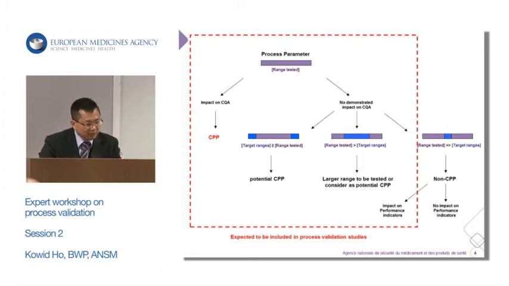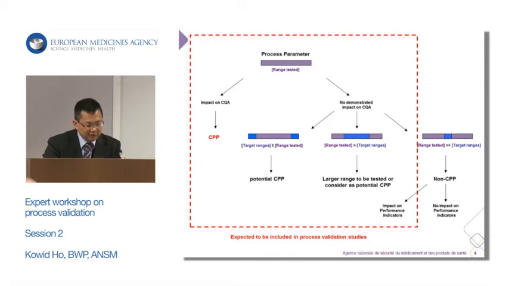We have similar situations here in the middle, where we have the range tested slightly wider than the target ranges. So in this case, it is again quite difficult to conclude.